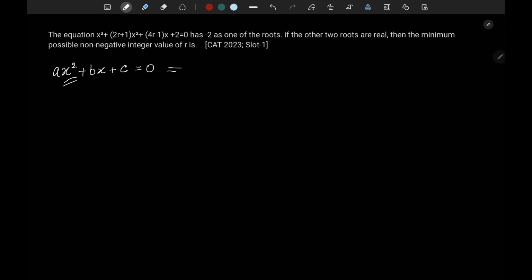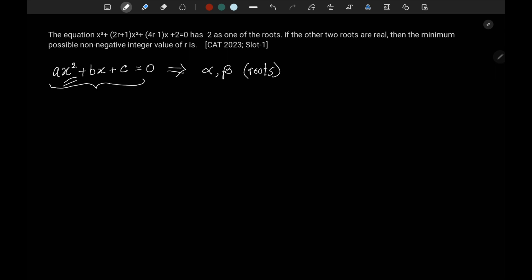And it may or may not have roots, but maximum it has 2 roots. Let us denote them by alpha and beta. What is a root? Root is basically the value of x at which this value becomes 0.